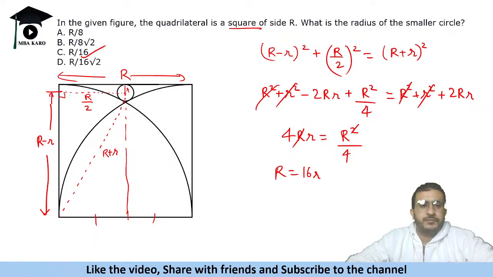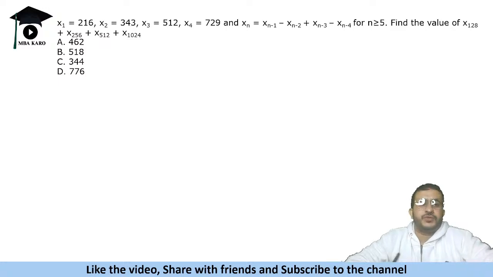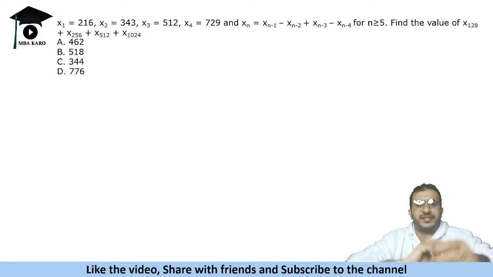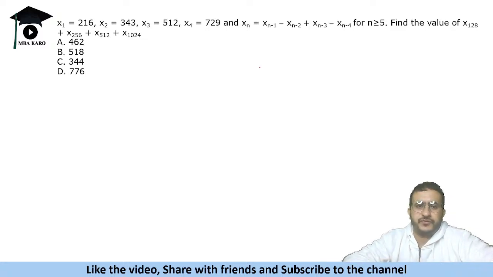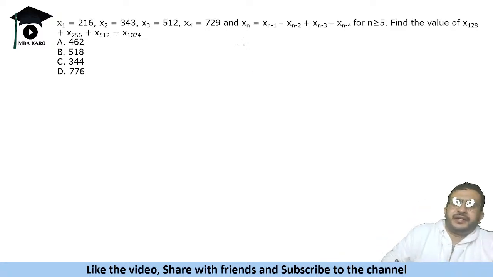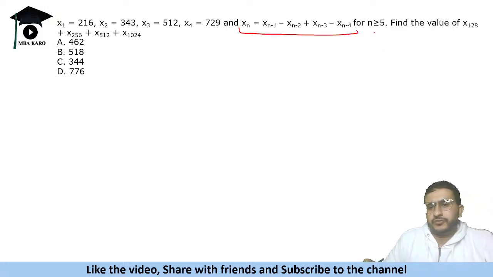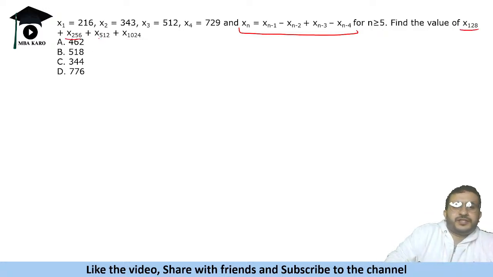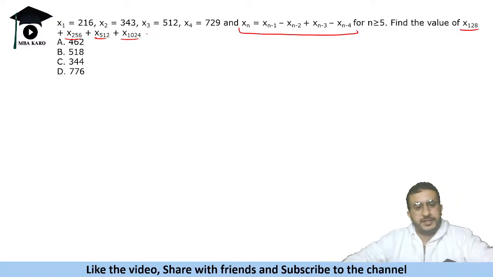Okay, so let's move to the next question. X1 is equal to 216, X2 is equal to 343, X3 is equal to 504, X4 is 729, and Xn is given as this expression for n greater than equal to 5. You have to find the value of x128 plus x256 plus x512 plus x1024.